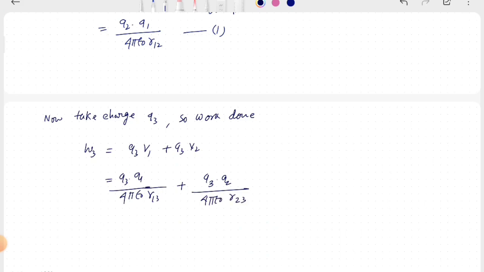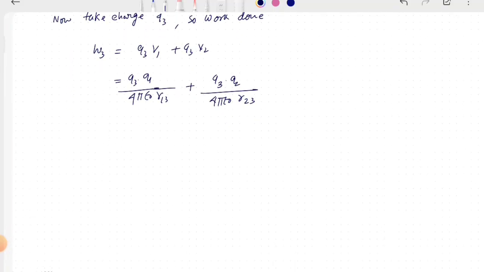This is the very simple case we perform here. In this way we calculate the electrostatic energy, basically. So we calculate here the work done.